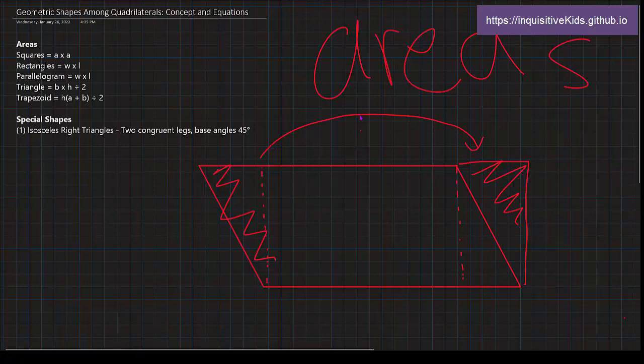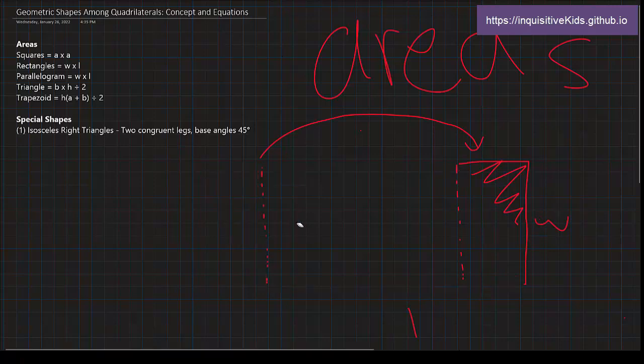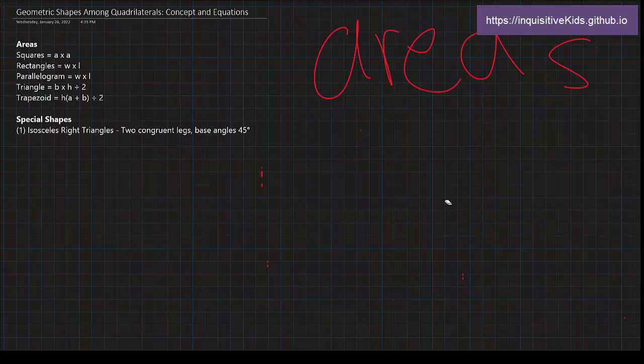Then you will see that I have formed a rectangle. This would be my rectangle right here. So this rectangle is equal to the width times the length. And that's why parallelograms have the same formula as rectangles, because they can be transformed into each other. So a rectangle you can turn into a parallelogram, and a parallelogram you can turn into a rectangle.